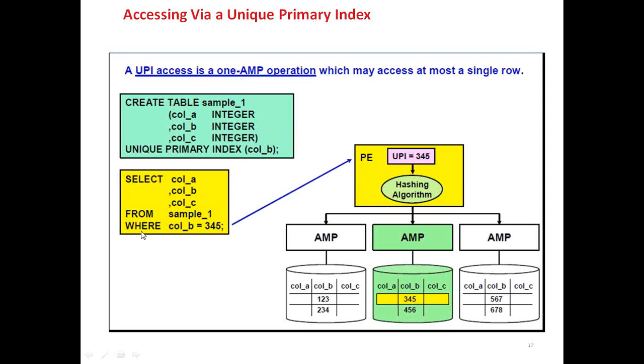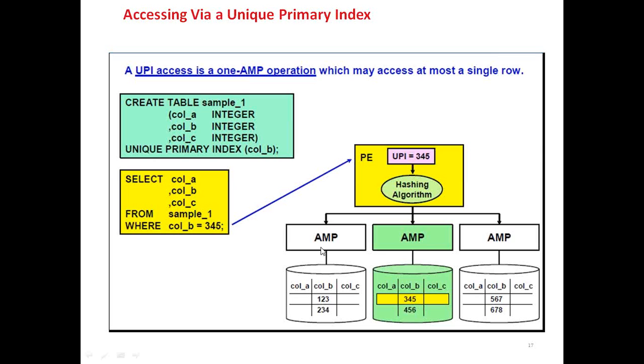Okay. And let's suppose in the where clause I have used the primary index value. It may be duplicated now because we have created a non-unique primary index. So this value will be given to the hash algorithm again to hash it, and that hash value was already generated at the time of insertion of the data, so it knows in which AMP all these rows are stored.